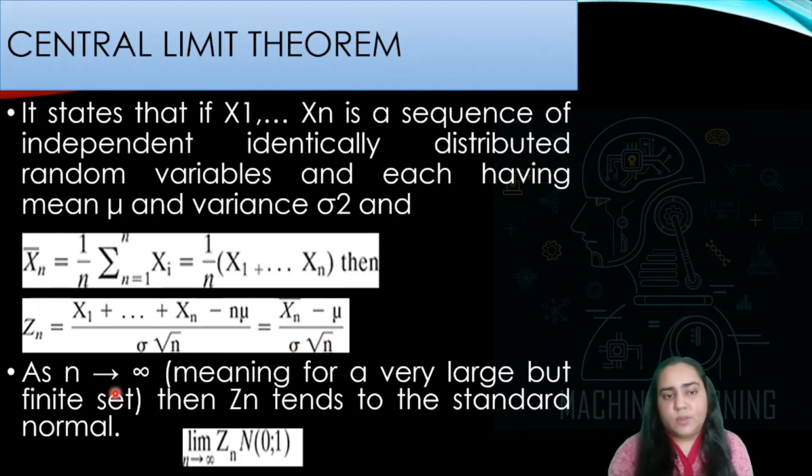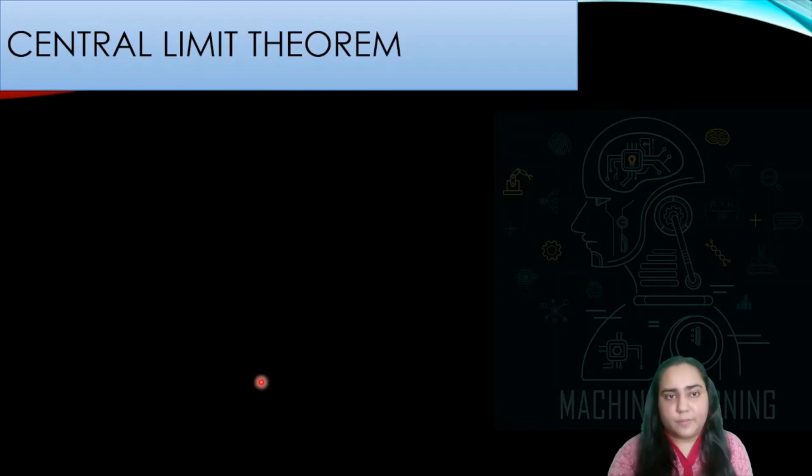And the central limit theorem says that if n tends to infinity, which means you have a really large set of x values, then the value of Zn tends to the standard normal form. And for a standard normal distribution, we know that the mean is 0 and the variance is 1. So that's what we have specified here, and that's what the central limit theorem tells us.